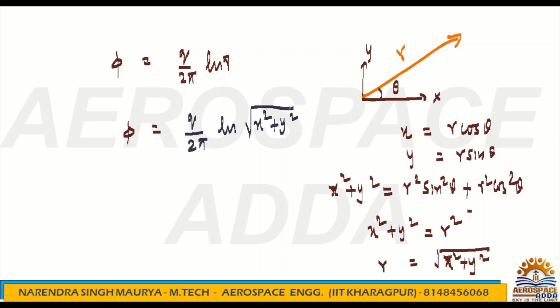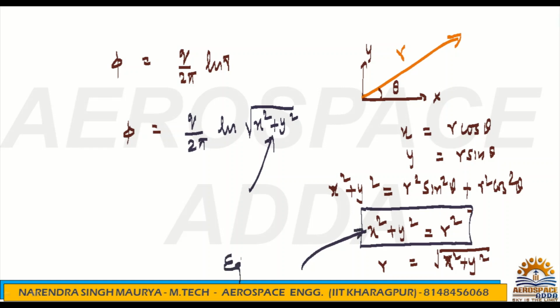So basically, this is the equation of x square plus y square equal to the radius square. If you check this equation, this is the equation of a circle. There is no doubt.